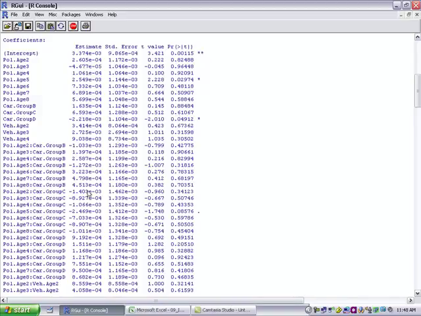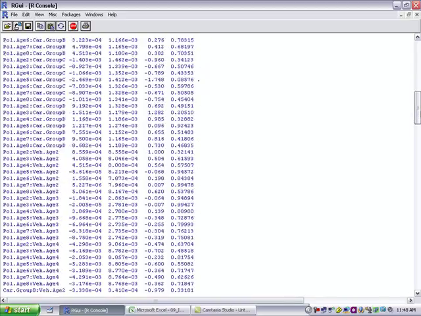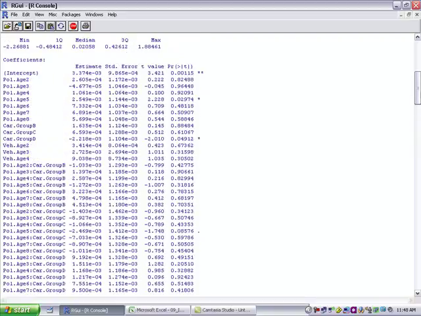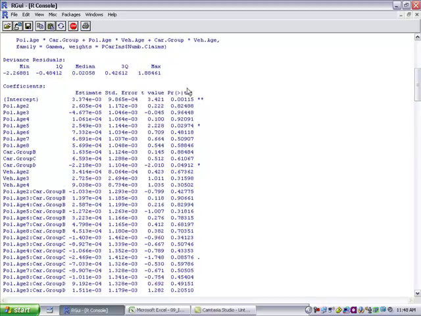So you have the estimates of these parameters here, and then you have standard errors for these parameters. You have a lot of parameters here because you had the 3 factors and then all the interactions. The standard errors, and you have a test to see if these things are significant.